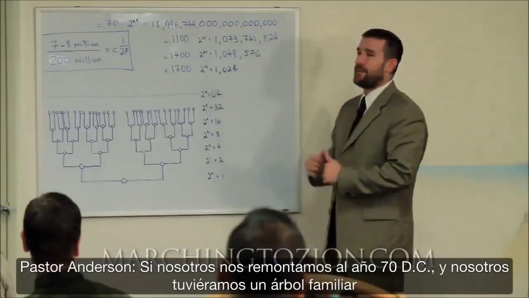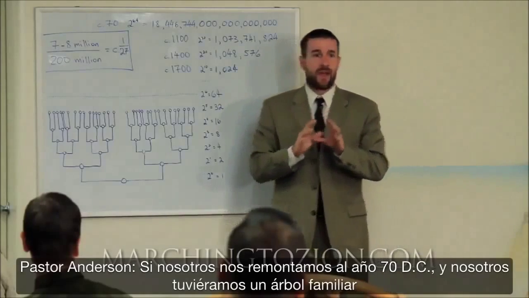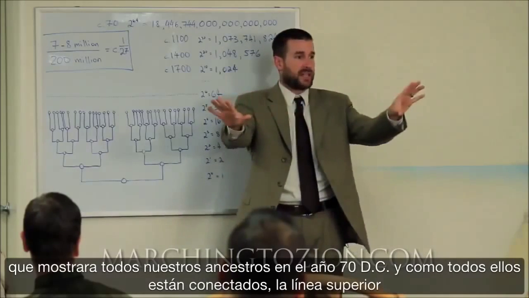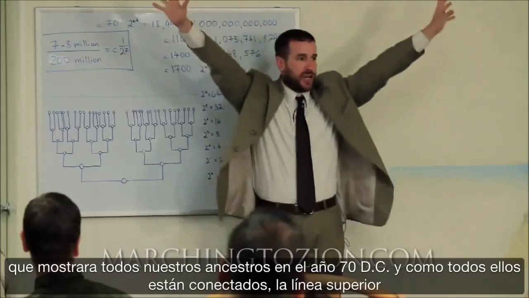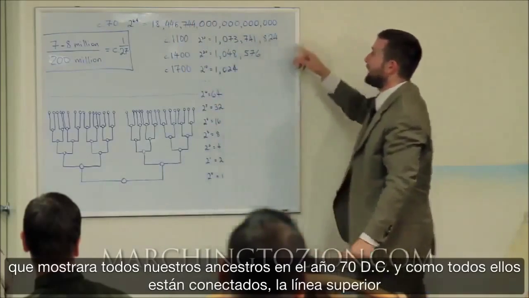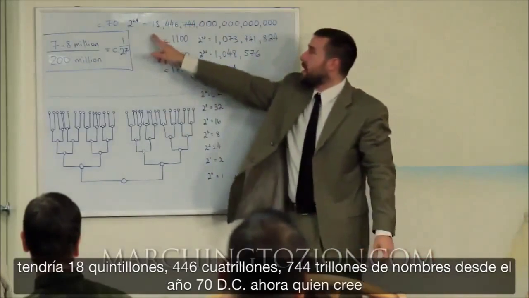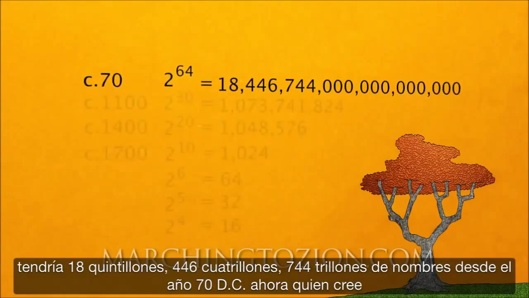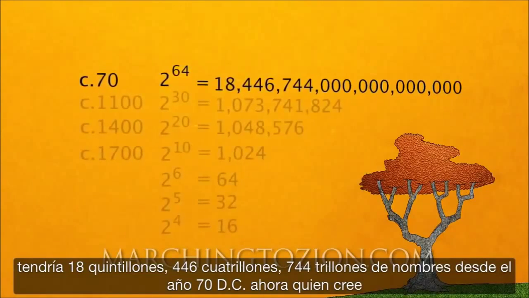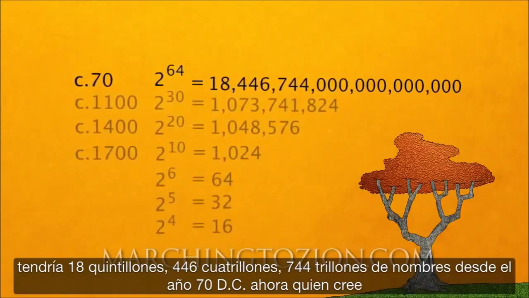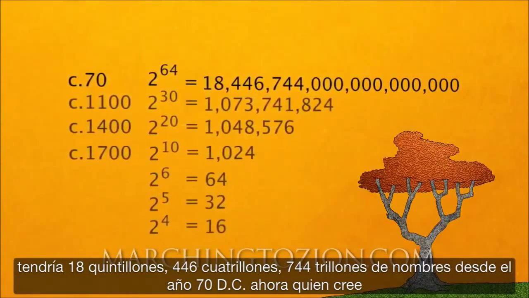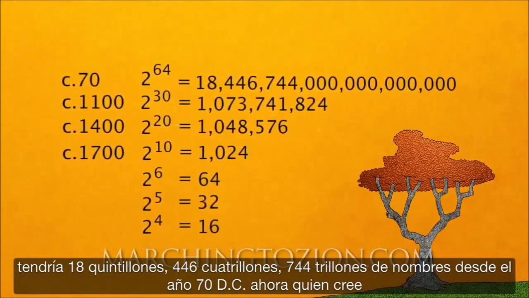If we were to go back to 70 AD, and we were to have a family tree that shows all of our ancestors in 70 AD and how they're connected, that top line would have 18 quintillion, 446 quadrillion, 744 trillion names from 70 AD.